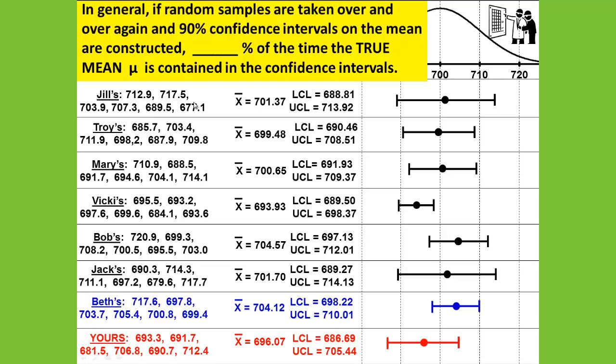Let me say that again. In general, if random samples are taken over and over again and 90% confidence intervals on the mean are constructed, 90% of the time the true mean mu is contained in the confidence intervals.